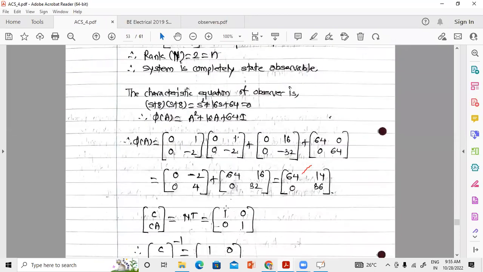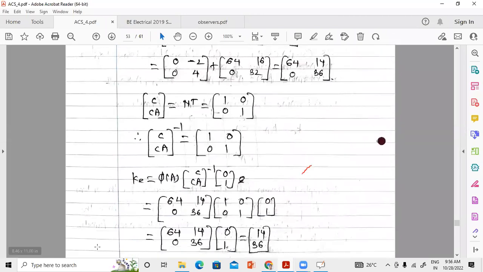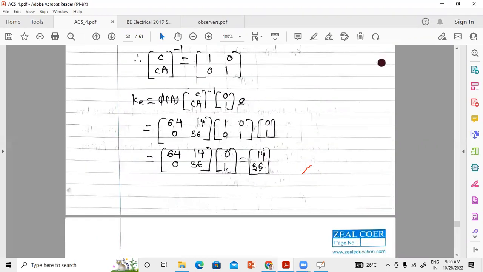After that, we obtain the desired characteristic equation, then the matrix characteristic equation by substituting A instead of s. Solve it. That is your phi A. So Ke is equal to phi A multiplied by the inverse of the observability matrix multiplied by a column matrix, and you get the same answer, 14, 36.